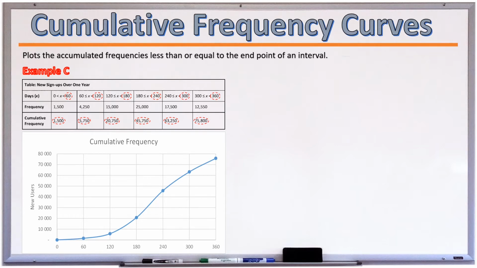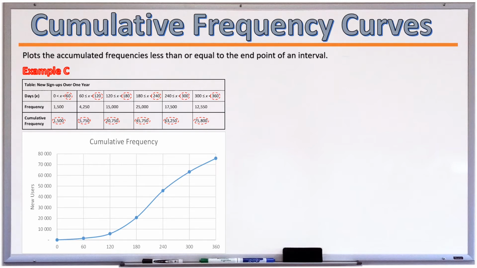Then 120 for the next 60 days on the x-axis, and then 5,750 for the cumulative frequency on the y-axis. On the x-axis, the next point would be 180 days, and then the cumulative frequency on the y-axis would be 20,750. And we'd continue in this fashion until the last interval, which is 360 days, which would have a cumulative frequency on the y-axis of 75,800.